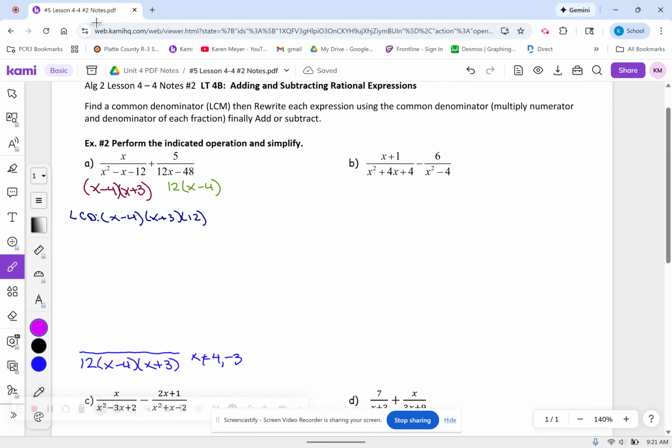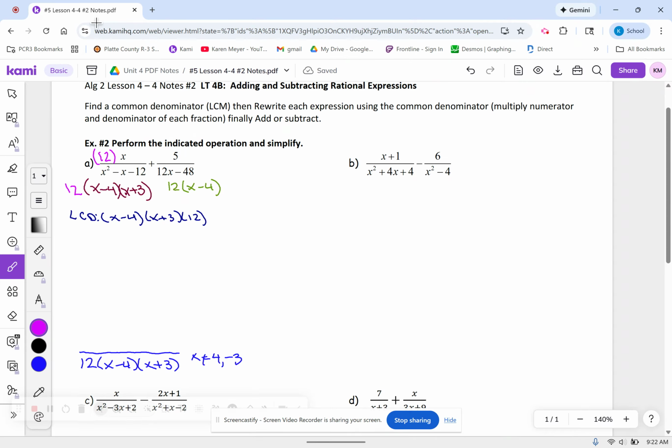So the one it's missing is the 12. If I put a 12 on the bottom, then I must also put a times 12 on the top. So your goal is to make the original denominator look exactly like the LCD. And whatever you have to put on the bottom, you must also put that same thing in the numerator.